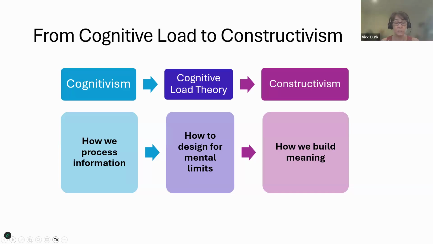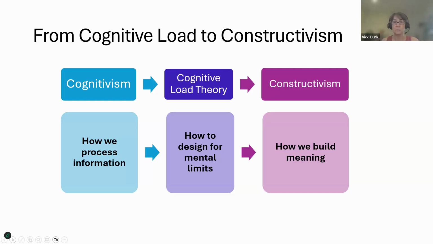And if you link that back to what we did right at the very start, where we talked about how the brain actually makes connections between the neurons, that's what's happening in cognitivism. We're processing that information. We want to design our learning so we're not overloading the mental limits. And then when we're moving things into long-term memory, we're making more connections between other information we already had there.